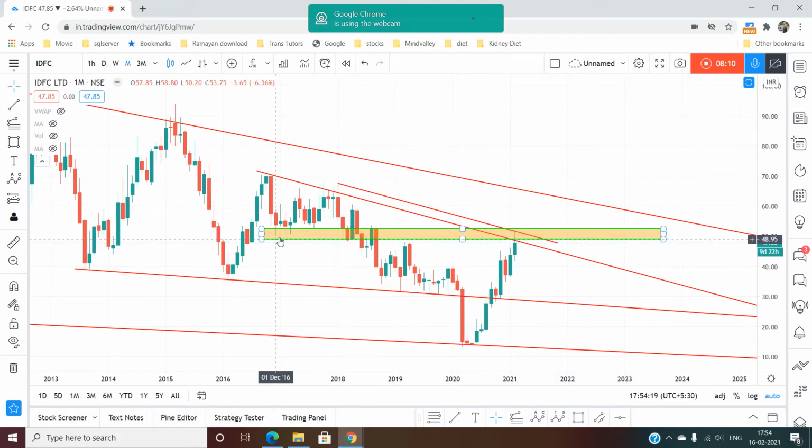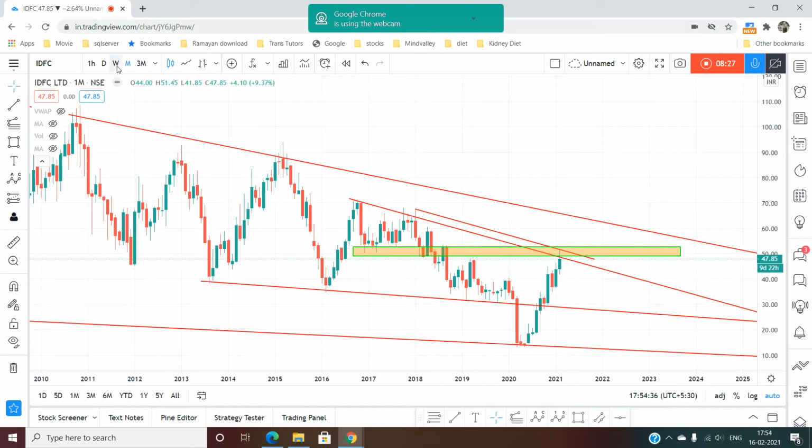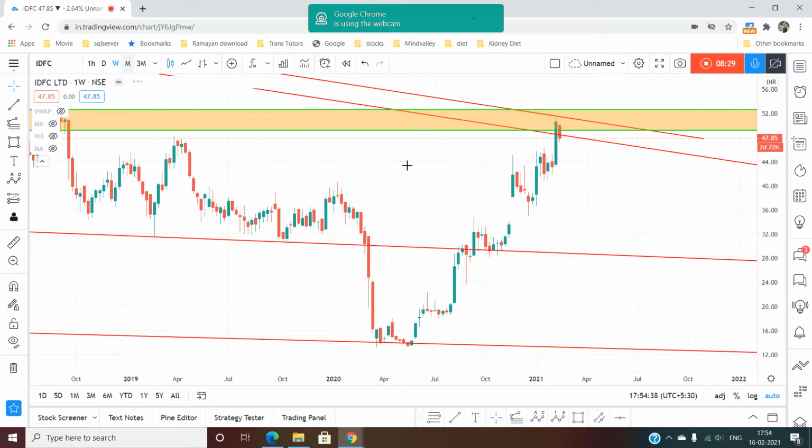It has been important many times: one, two, three, four, and this is the fifth time the zone is playing out. This zone is very important from the weekly and monthly charts. So in order to buy, we should cross this zone. That is very important.